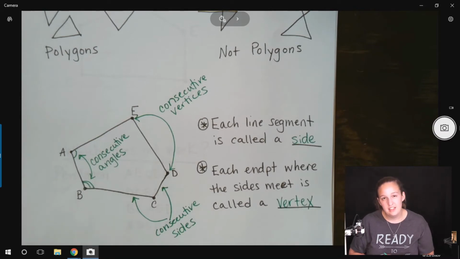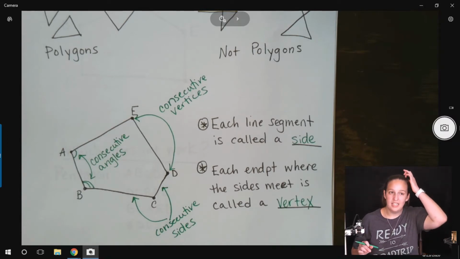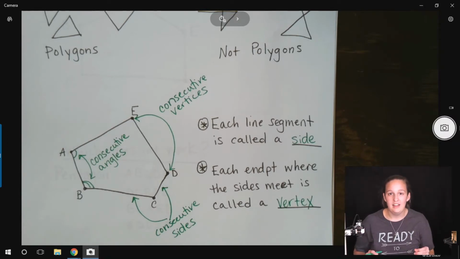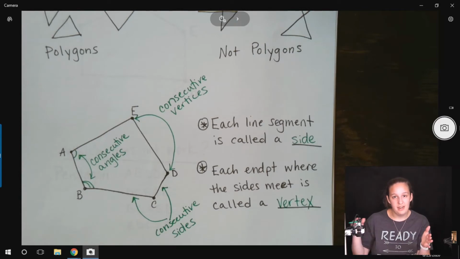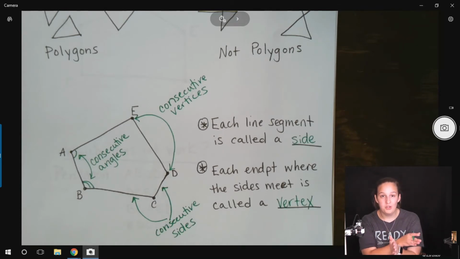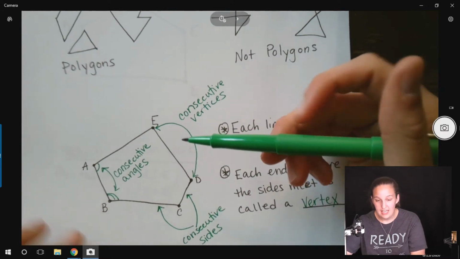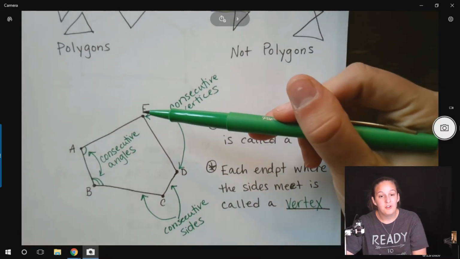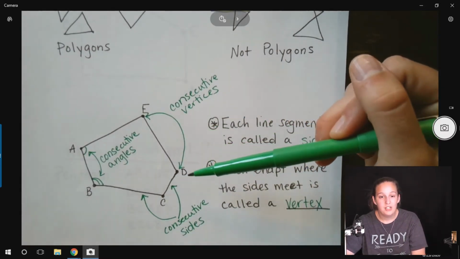There's one other thing that you'll hear often when we're talking about polygons, and it's consecutive. If you think of ordering things alphabetically, the person that comes after you is your consecutive, or the person that comes before you is your consecutive, because it's in order. So for this, consecutive vertices are these points right here.